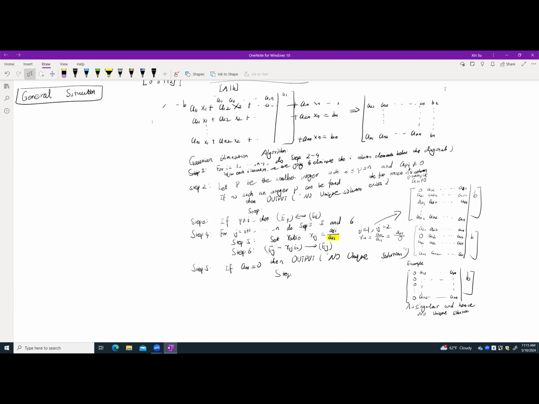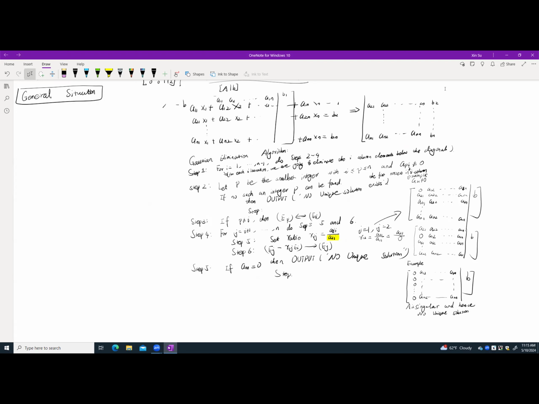For the division, we need n minus i, that is n minus i times 1. And then how many multiplications do we need? That is n minus i times n minus i plus 1. And how many subtractions do we need?